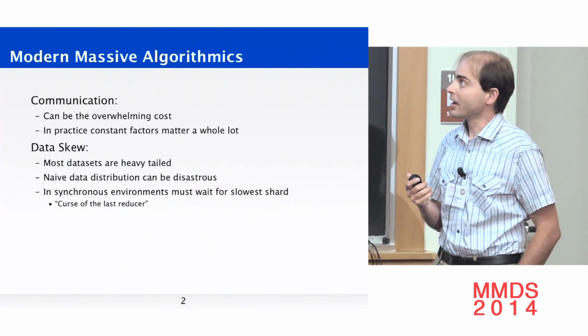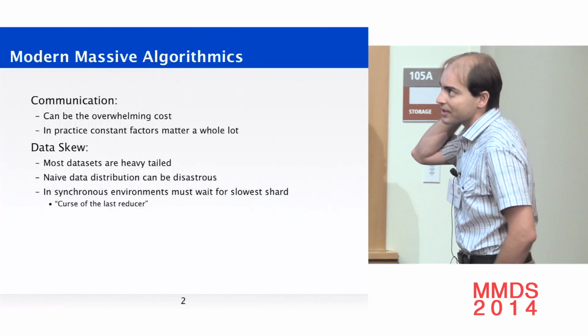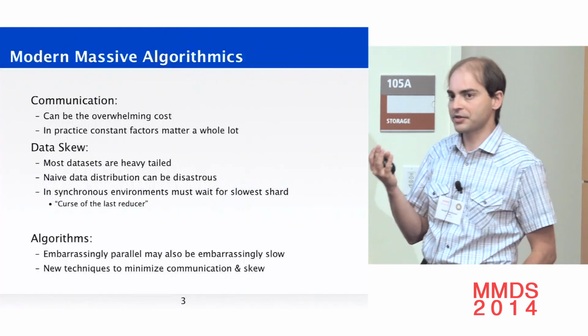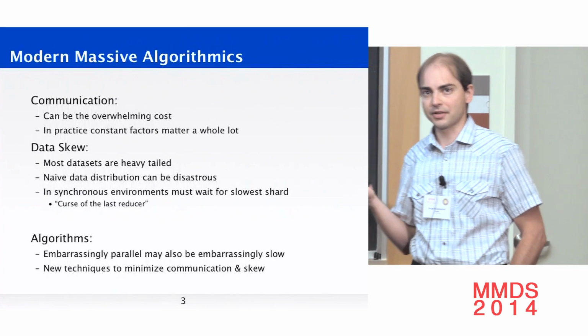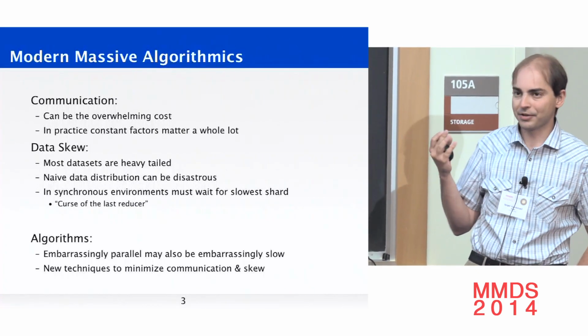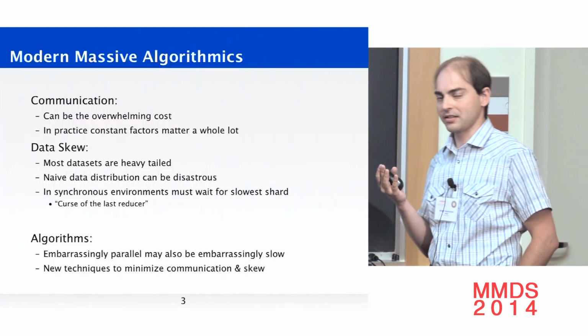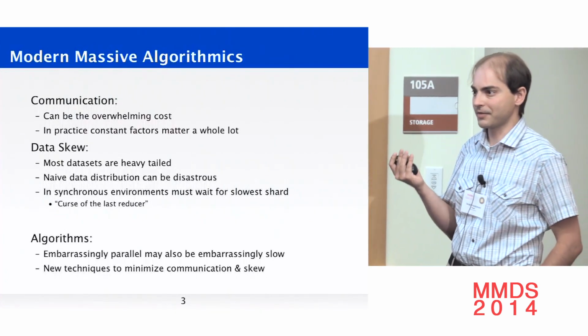So what do I want to focus on with algorithms? There's a lot of talk of embarrassingly parallel algorithms, but nobody really talks about the fact that some of these embarrassingly parallel algorithms are also embarrassingly slow when they're run in real life.